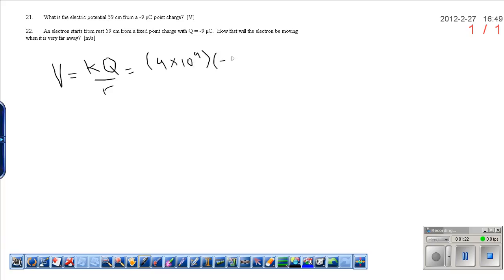Q is going to be minus 9 times 10, and remember, it's microcoulomb, so micro means to the minus 6. And then we're going to divide all this by 0.59 meters. We like meters in this class, not centimeters.